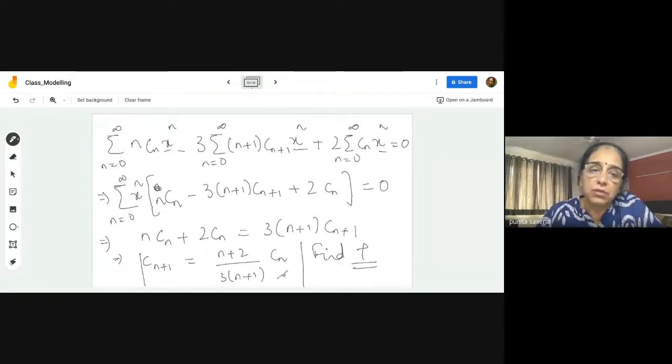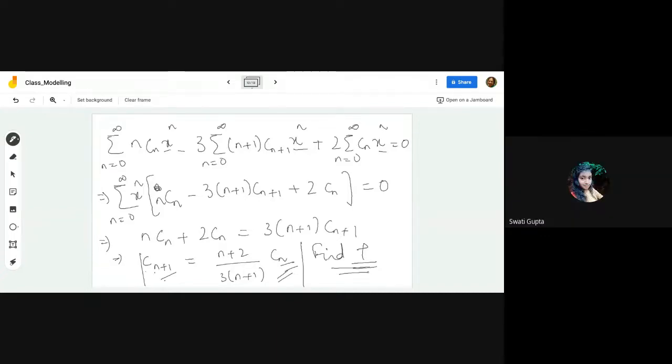Of course, this will give you a solution. When n is 0, you are getting C1 in terms of C0. When n is 1, you are getting C2 in terms of C0, and so on and so forth. So you'll get a solution the way we have done it earlier. What I'm leaving to you is to write the final power series solution and find rho for this. Is this clear or not?